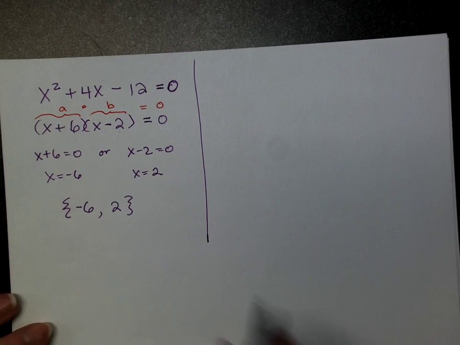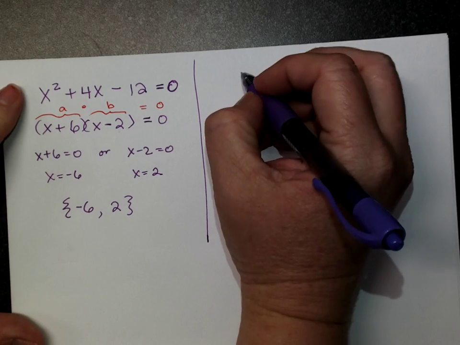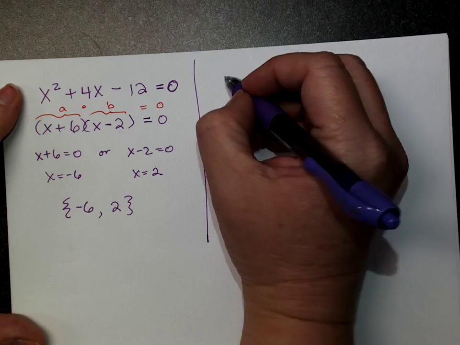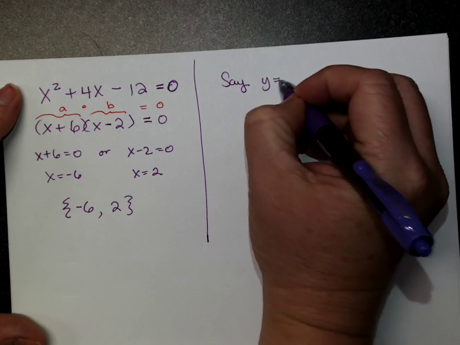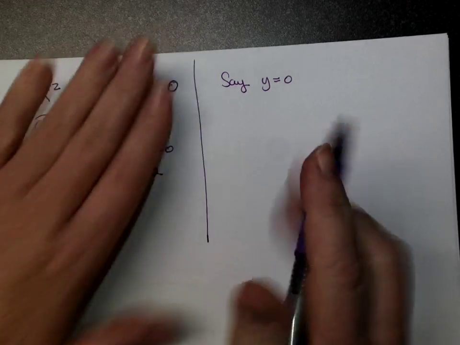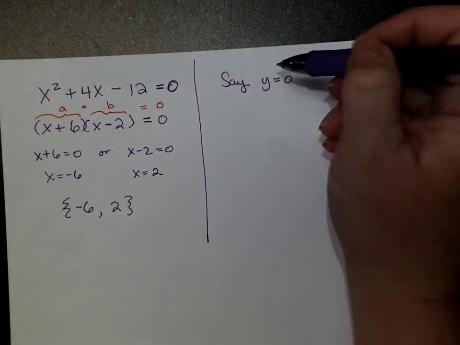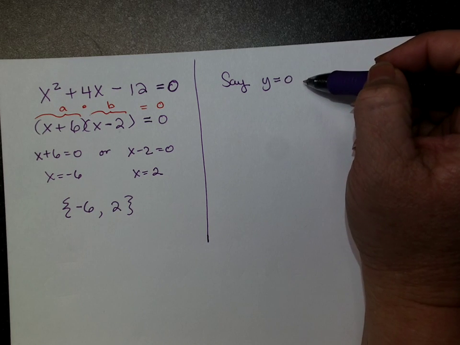Now, go ahead and write it like this for me. So let's say that y equals 0. Before you change anything, think about that. Think about the first unit, about working with functions in general and then specifically linear functions.